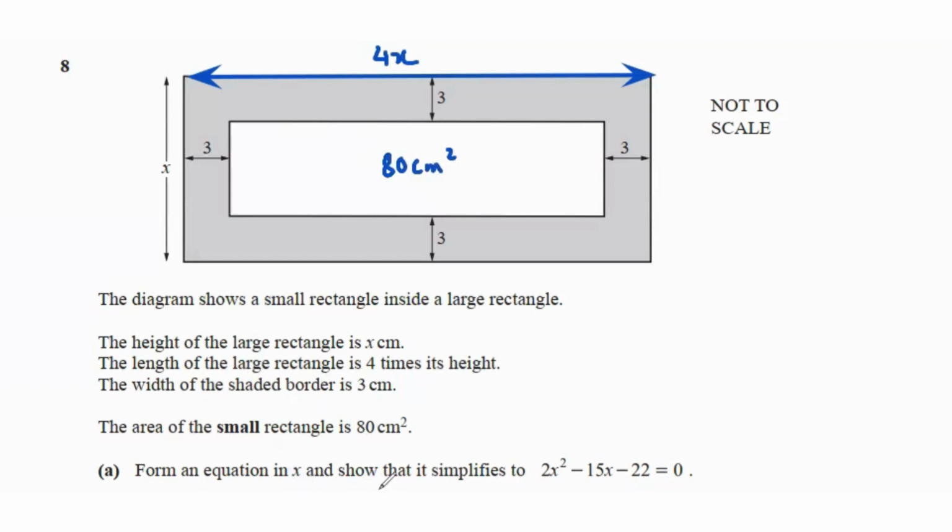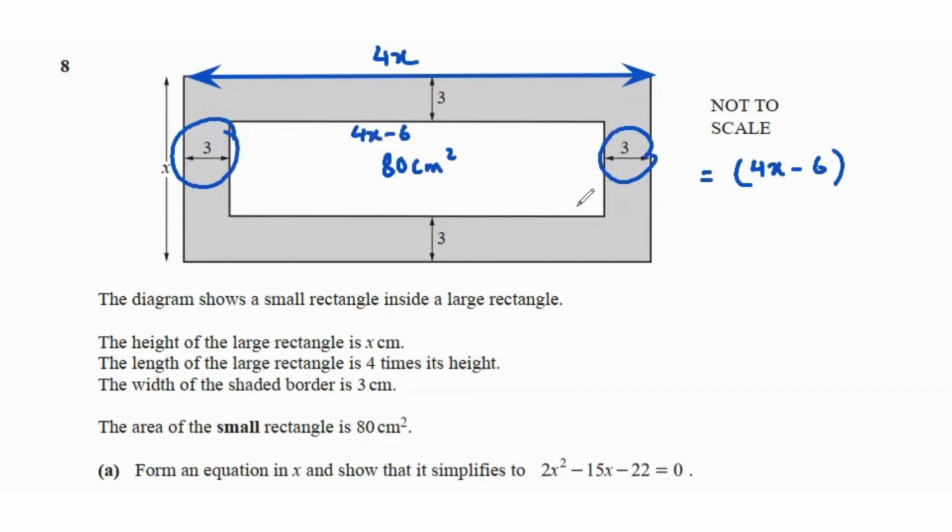Form an equation in x and show that it simplifies to 2x squared minus 15x minus 22 equals 0. So what we'll do is we will make our equation for the area of the small rectangle, which is going to be 4x minus 6. Why minus 6? Because this 3 and this 3 get subtracted from 4x. So that's going to give us 4x minus 6 for this length.